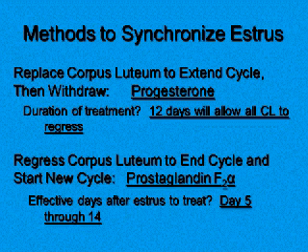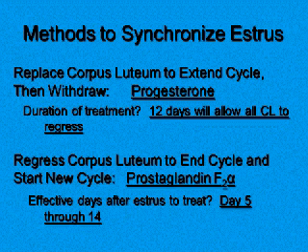Or if we treat with prostaglandin, it's effective from day 5 through 14. Before day 5, the corpus luteum is just forming and growing. It doesn't have its full blood supply. And prostaglandin has to be given multiple times to cause regression.